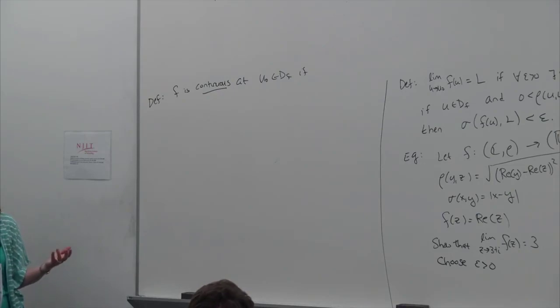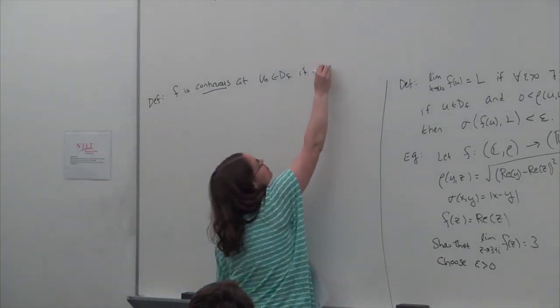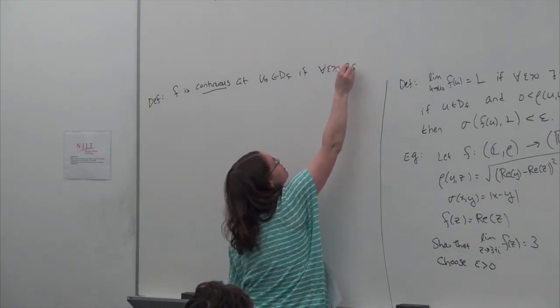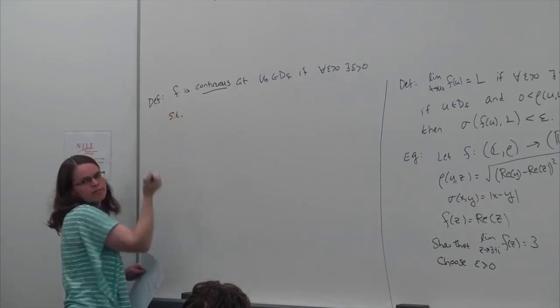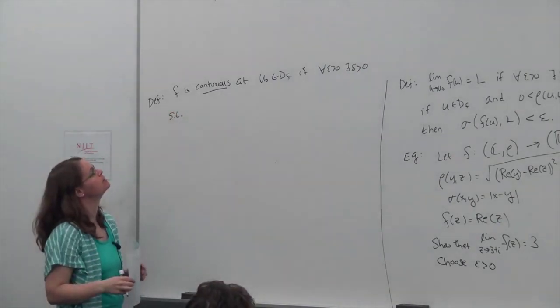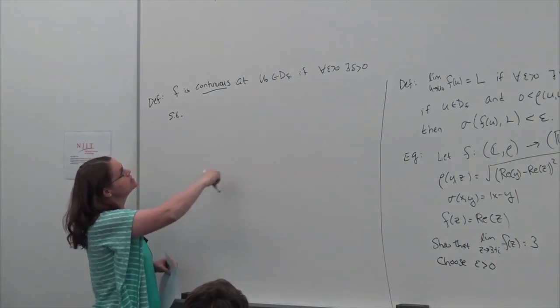There's really no difference to the proof that they still hold. So if for every epsilon greater than 0, there exists a delta greater than 0 such that, okay, it's our limit definition, but now the limit L is replaced by f of u naught.